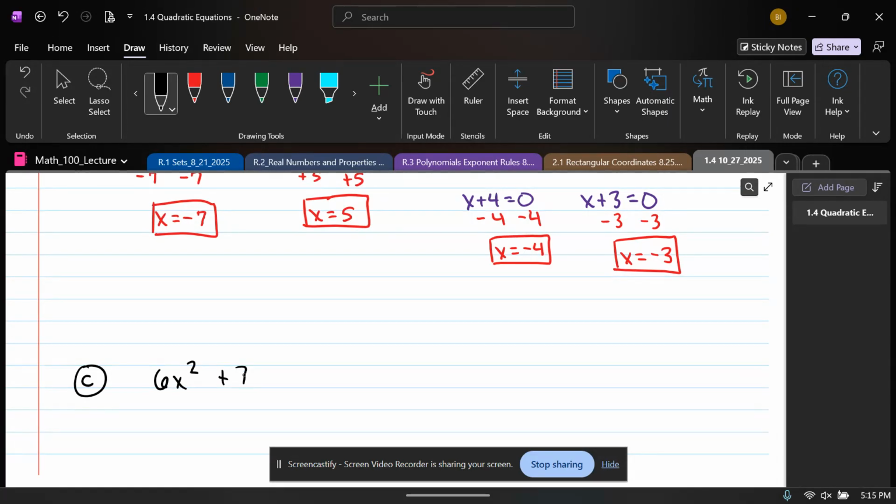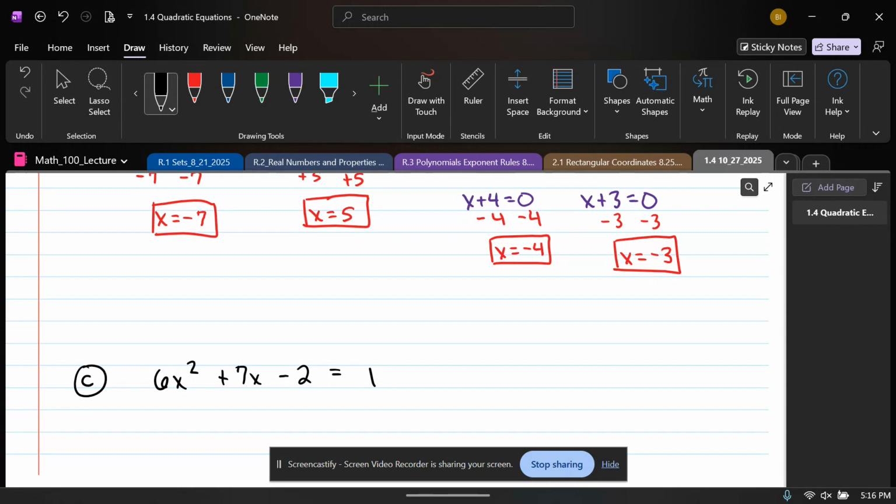6x squared plus 7x minus 2 is equal to positive 1. Not too crazy here, nothing is huge here, but a little bit more difficult problem. Okay, so first thing, if we're going to solve that by factoring, I have to have it equal to 0.